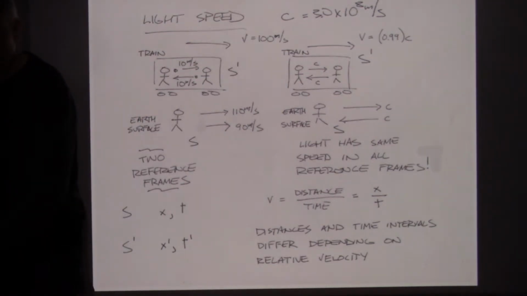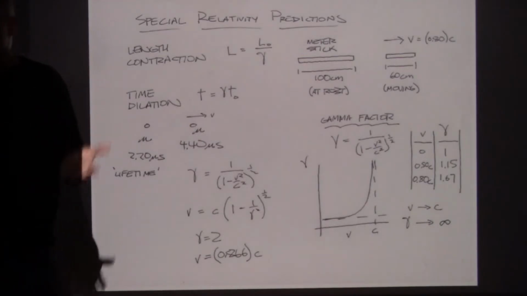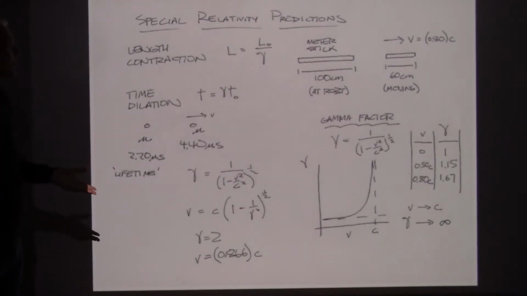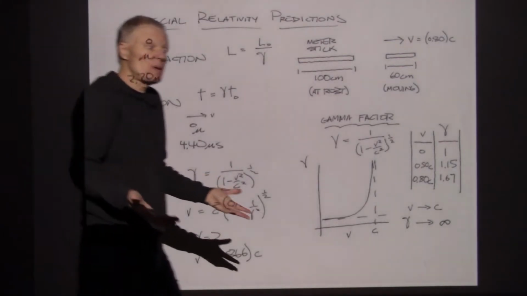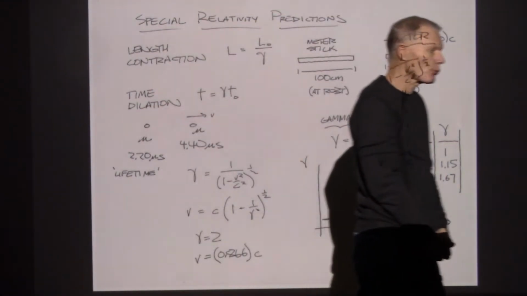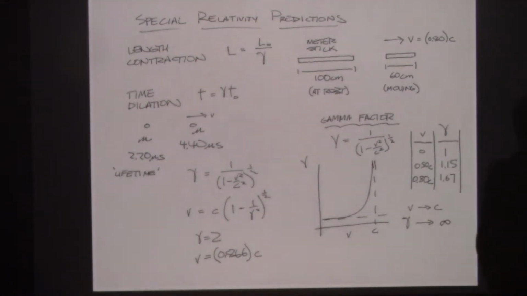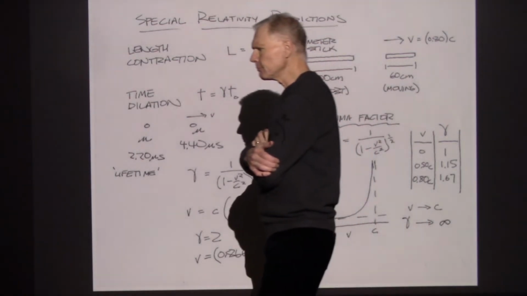Okay. Now, often what happens with relativity is when we start talking about, well, the speed of light is the same in every reference frame, the first inclination is, oh, there's something special about light that makes it travel at the same speed in every reference frame. And it's not.